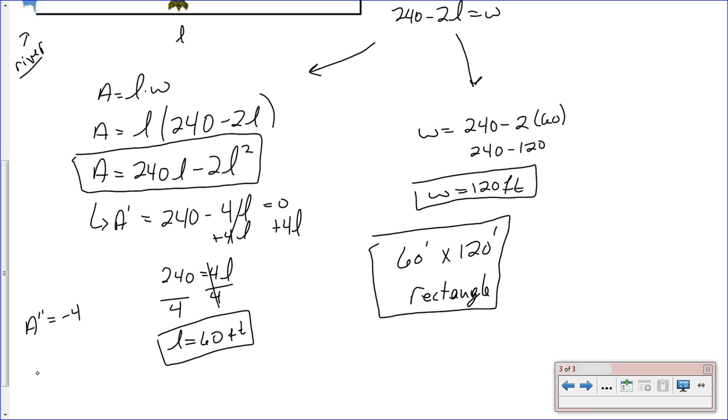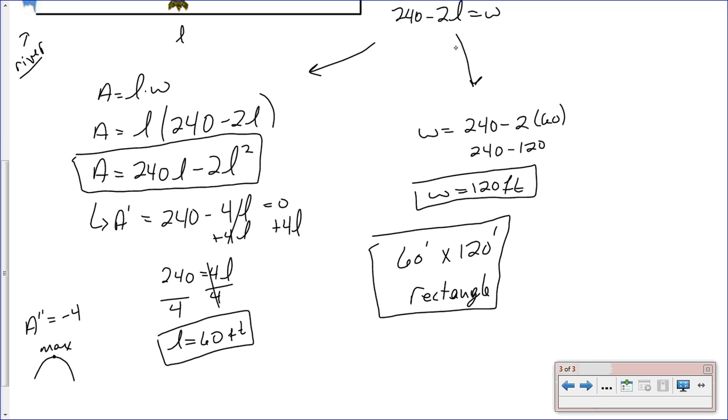Well, since it's a -4, that means that is a max. Because since your second derivative is negative, that means it is concave down, which means our point, our 60 here, has to be a max. All right, so that's our maximum length.